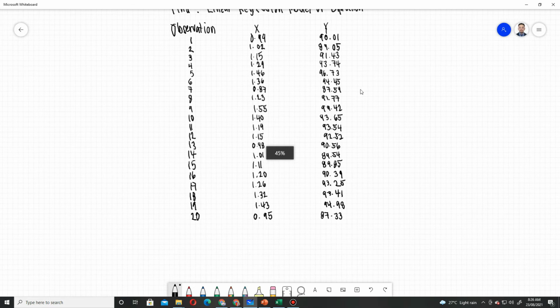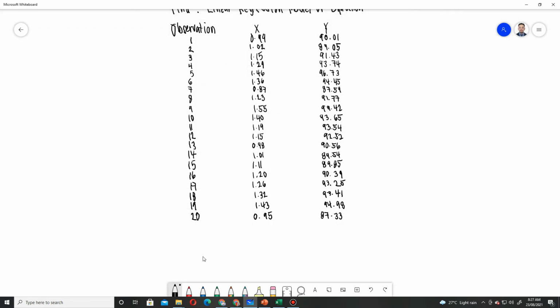So first we will get the sum for this column x.